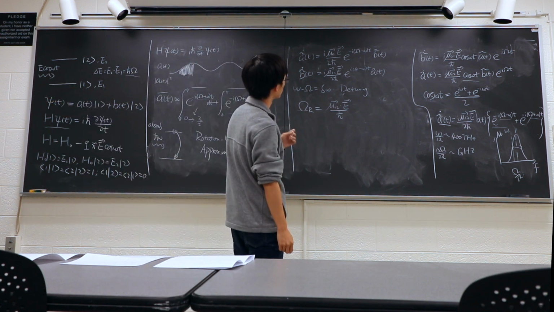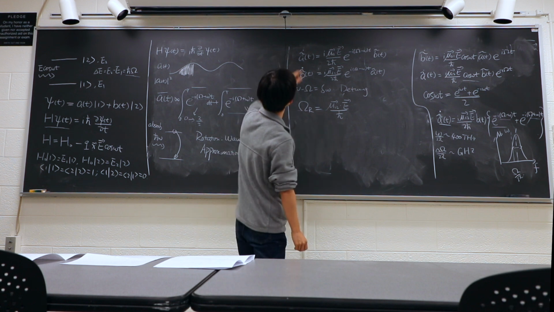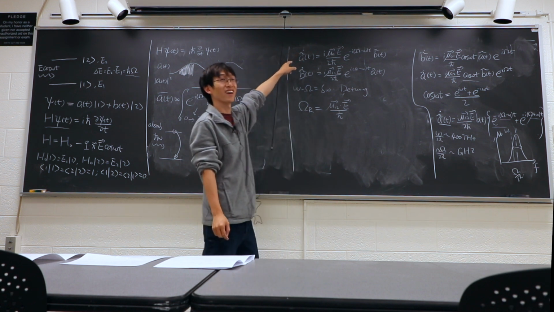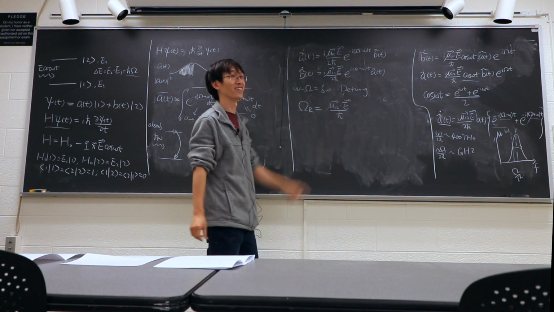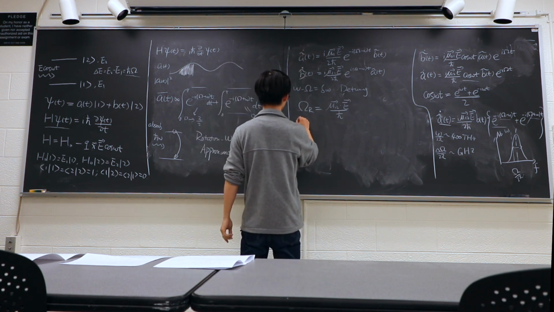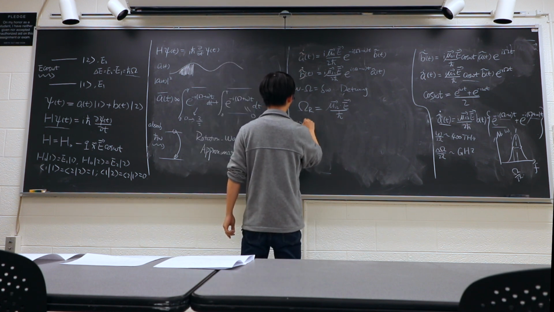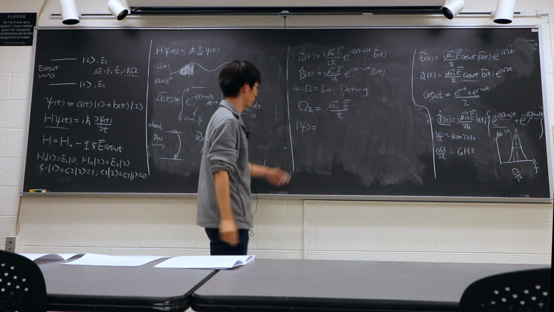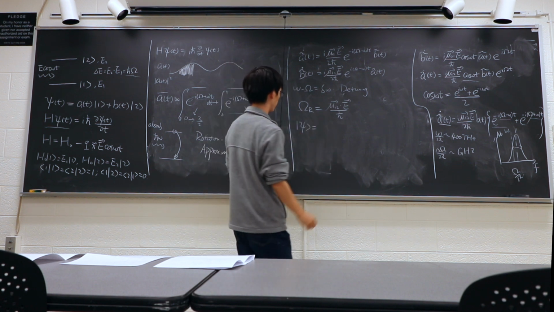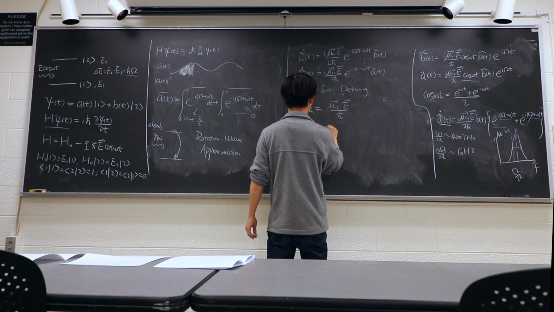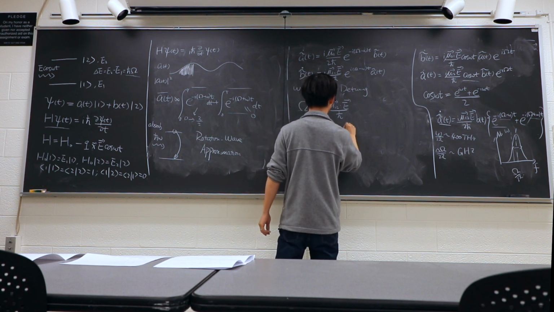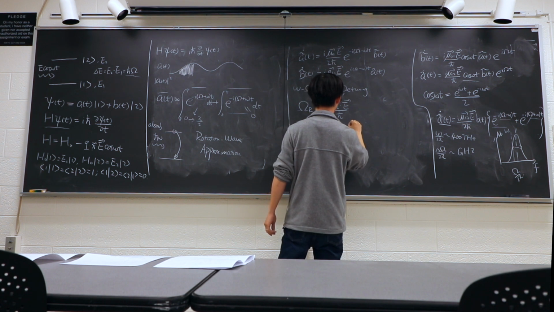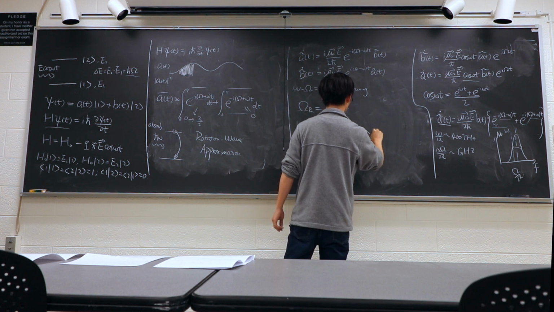And then another thing we do is that we don't like this tilde. Carrying it around is a little bit stupid. So we think about how we write down our wave function. We write it as A tilde of t times e to the minus i E1 t over h bar, plus.